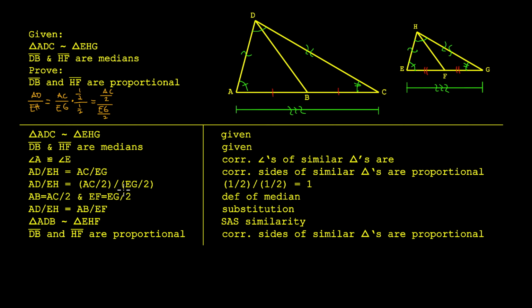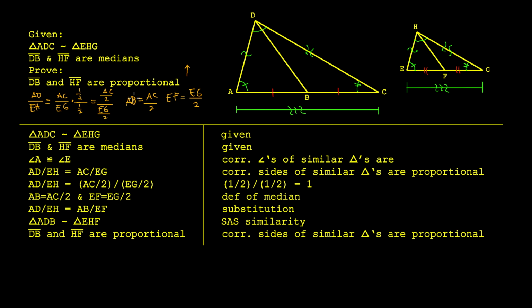Definition of median. Coming up to the diagram, we can see that AB is half of AC because AB and BC are congruent. And by the same argument, EF is half of EG. So then AB equals AC over 2 and EF equals EG also over 2.